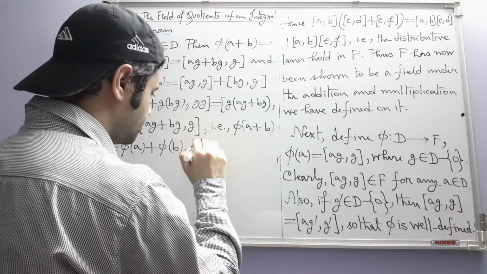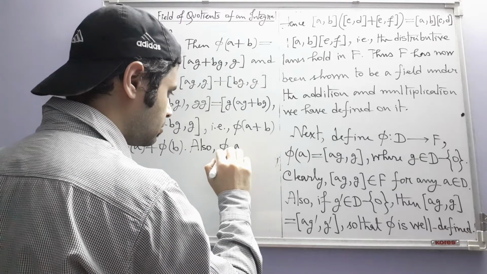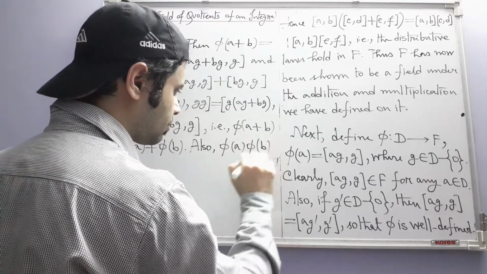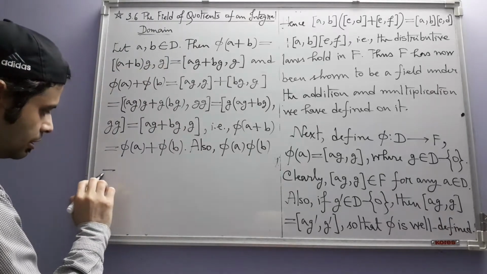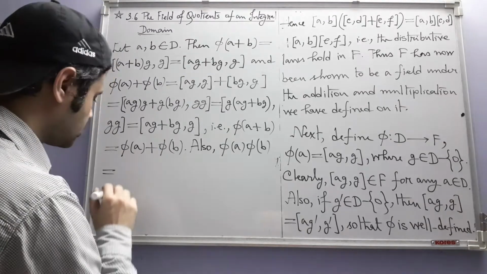Also, for this one let us start with phi of A times phi of B. Instead of doing two calculations, we will do it at once.